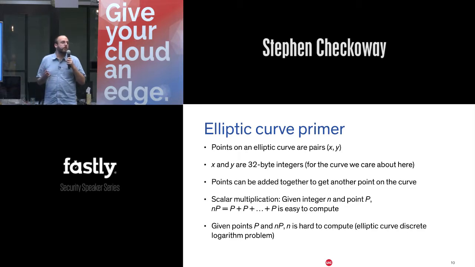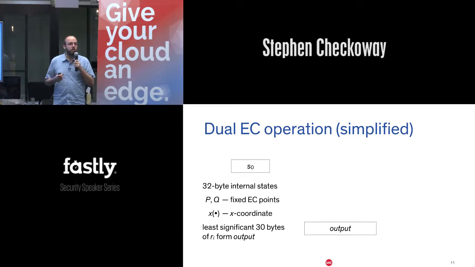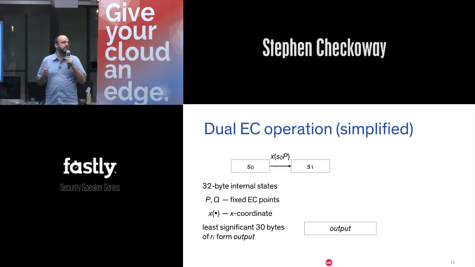So let me walk through how Dual EC works so that we can get an idea of how we can use this to break network protocols. First, the internal states of Dual EC are 32-byte numbers. And Dual EC has a couple of fixed points. These don't change at any point. They are called P and Q in the standard. They are both generators of the elliptic curve group, if that means anything to you.